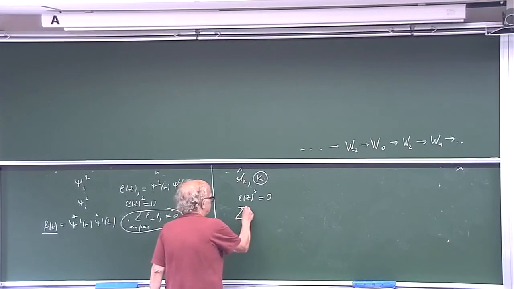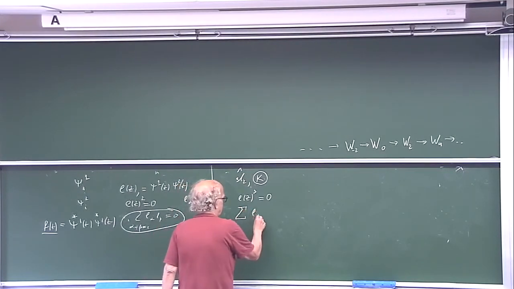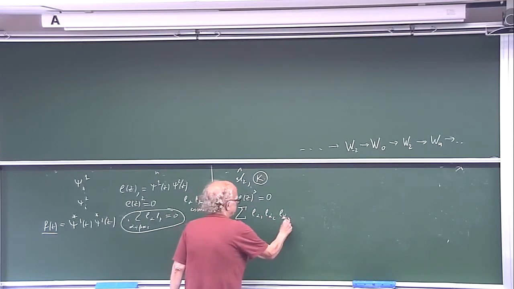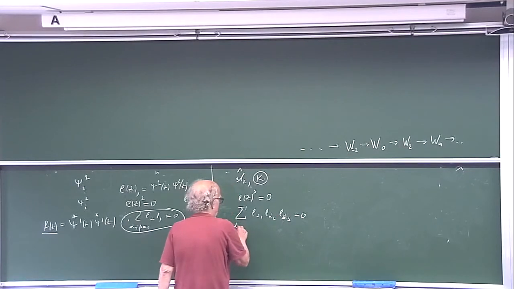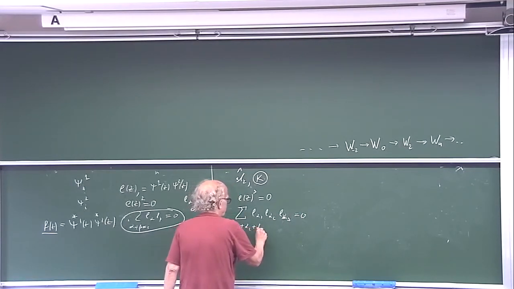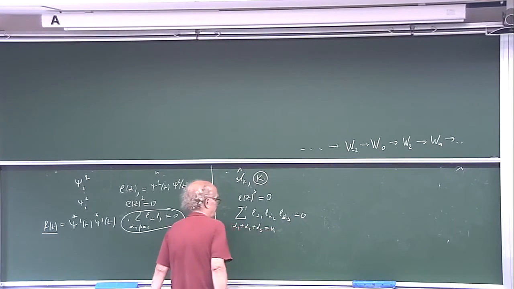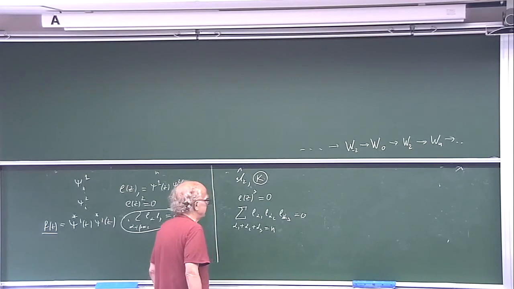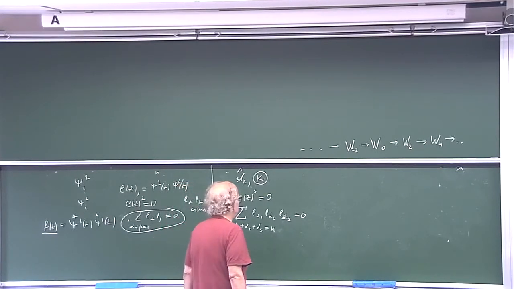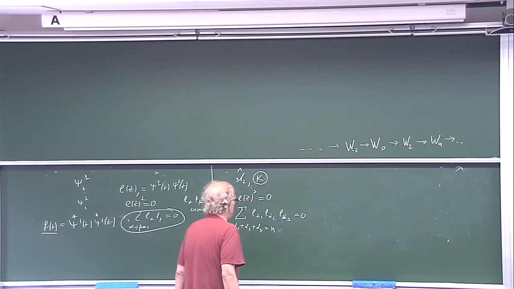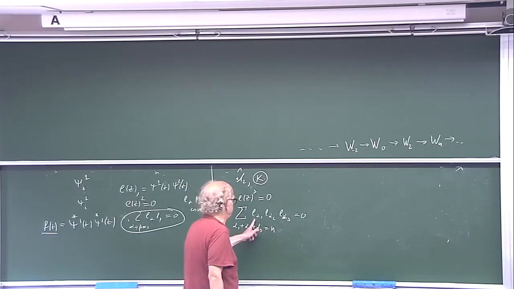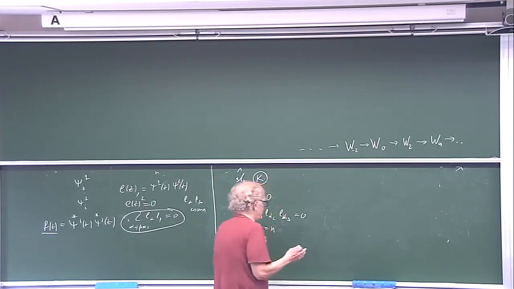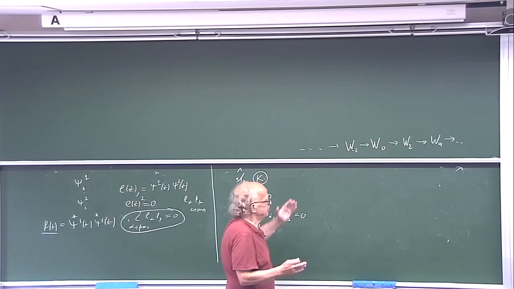So the relations look like E_alpha1 E_alpha2 E_alpha3 is 0 if alpha1 plus alpha2 plus alpha3 is equal to some n. And if you want to repeat the whole story for that, now it is more or less clear how it can work. And in principle, it is working. Because of these relations, again, let us try to repeat the same story.